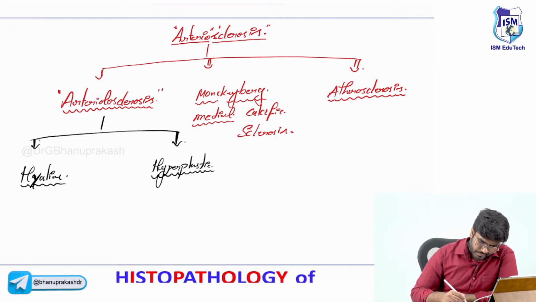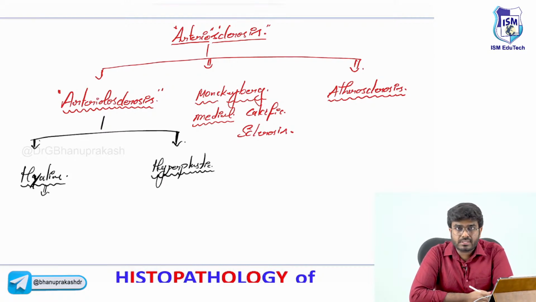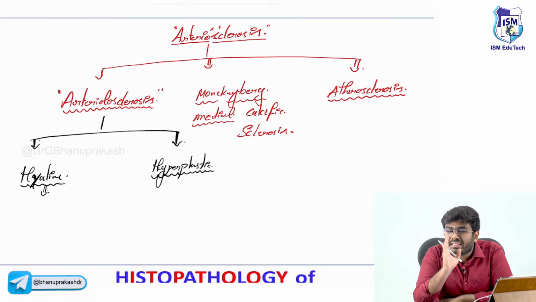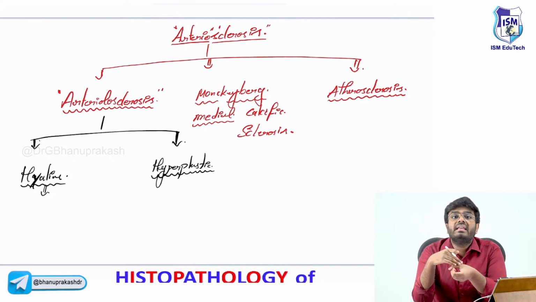Now, in which condition will you see hyaline arteriosclerosis? In the name itself, see, hyaline arteriolosclerosis means there is a deposition of a hyaline, glossy pink material in the blood vessel. That is what causes the hardening of the blood vessels.